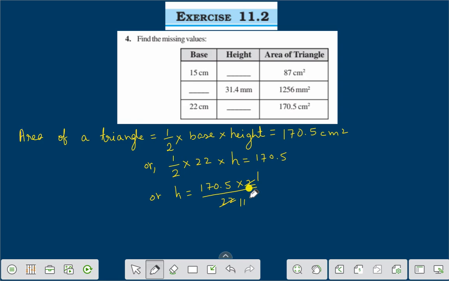Now if we divide 170.5 by 11: 1 11 is 11, 17 minus 11 is 6, then 0; 5 11s are 55, 60 minus 55 is 5; point, then 5; again 5 11s are 55.